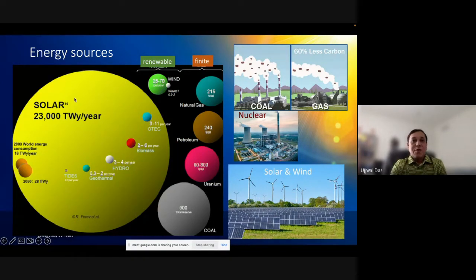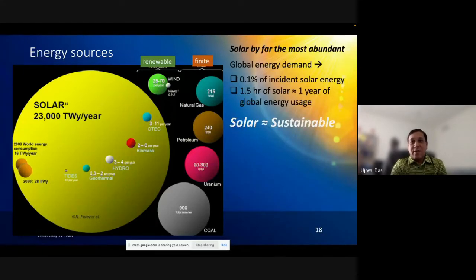But if you look at the solar, we have about 23,000 terawatt per year available, and it is sustainable. So solar by far the most abundant, and we can meet the global energy demand if we can capture only 0.1% of the incident solar energy.